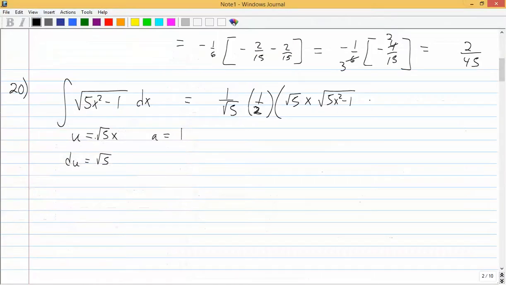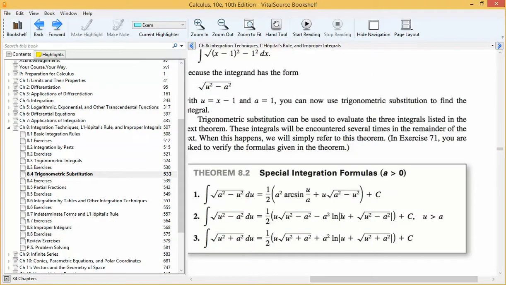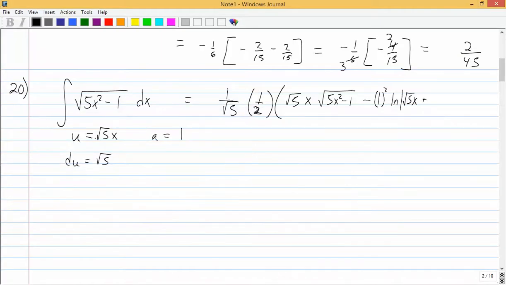A is 1, so minus 1 squared, natural log absolute value of u, right here, plus the square root of u squared minus a squared, plus c. So plus the square root of 5x squared minus 1 plus c.